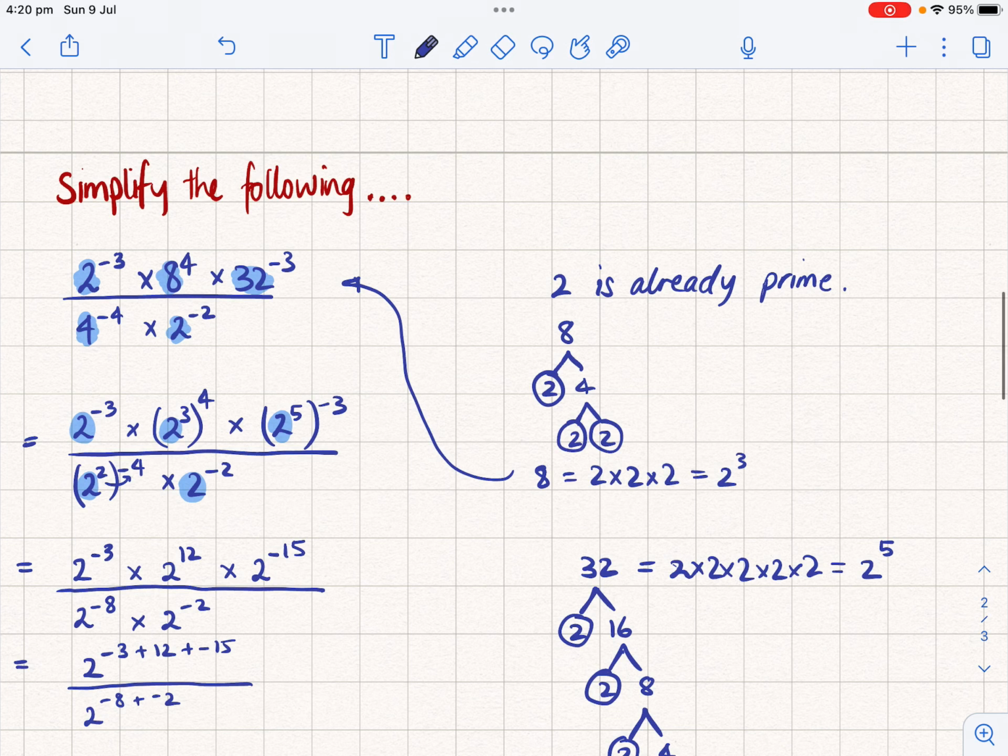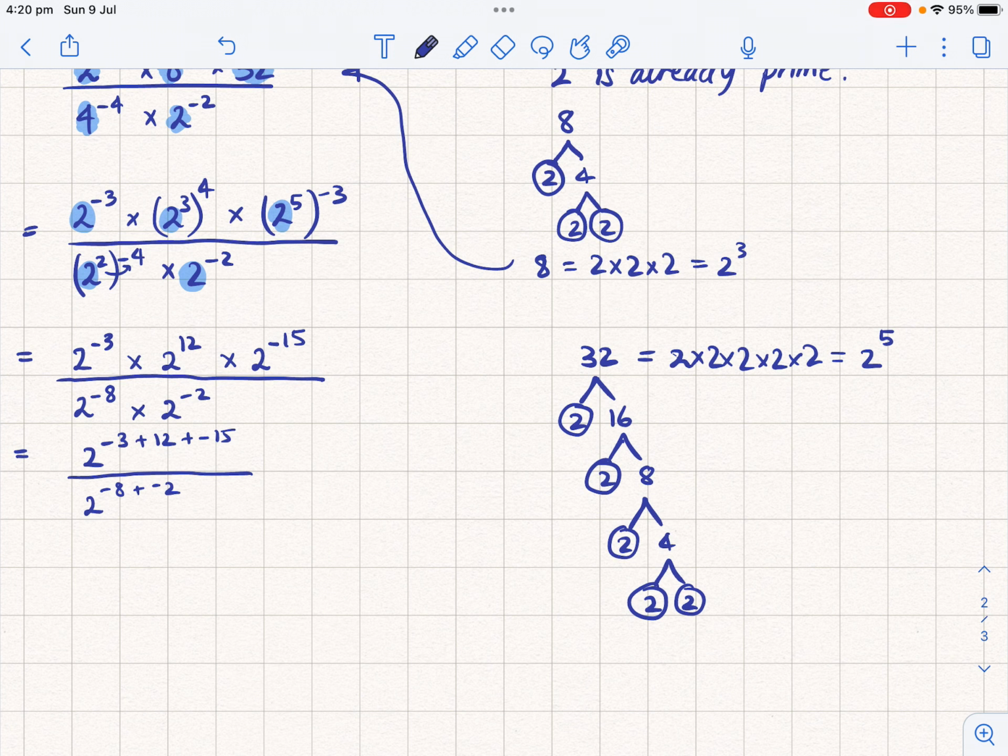I just keep them when I work with negative numbers at this stage. I'm going to show you how I manage the negatives in a moment. So my numerator becomes 2 to the power of negative 3 plus 12 is positive 9, plus negative 15 becomes negative 6. And then on the denominator, 2 to the power of negative 8 plus negative 2 is 2 to the power of negative 10.